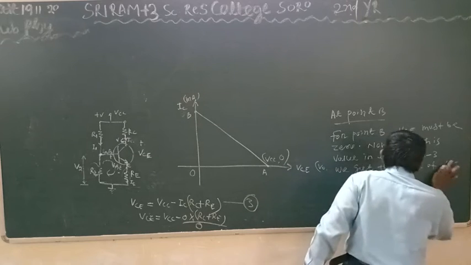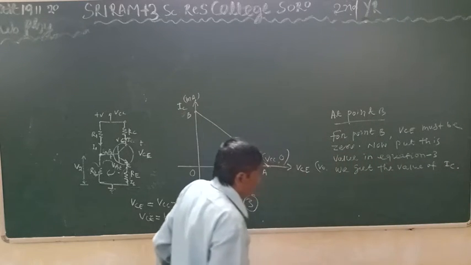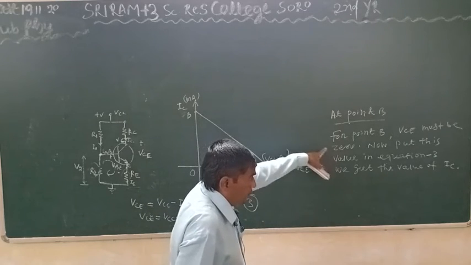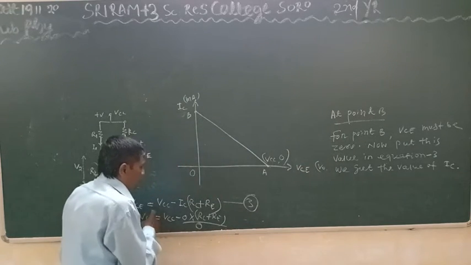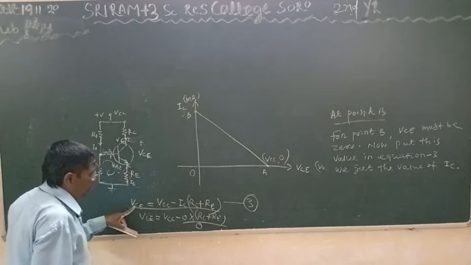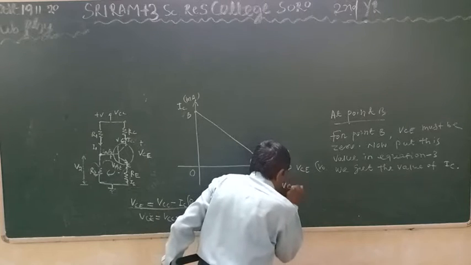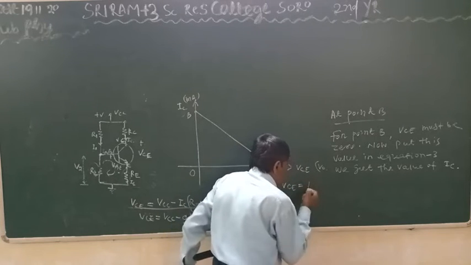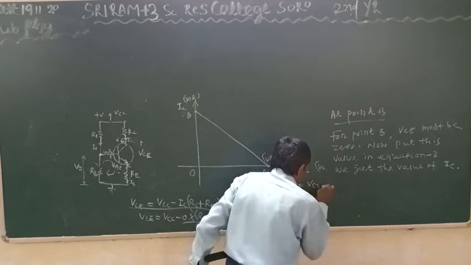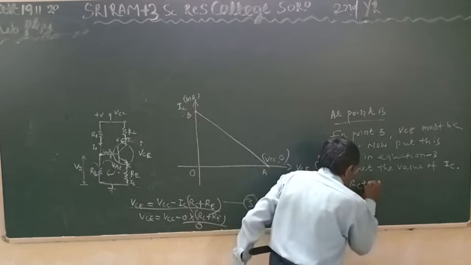Now we find the value of IC. So VCE must be 0, means we put this value in this equation. Now VCE equal to VCC minus IC(RC plus RE).